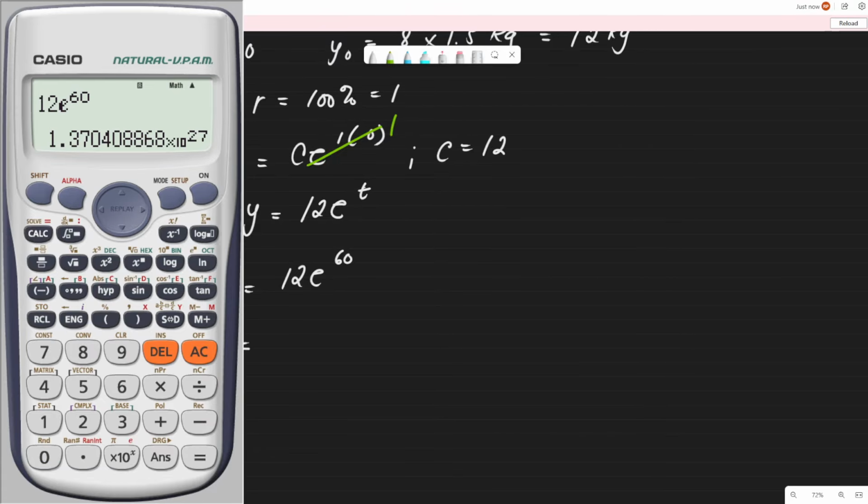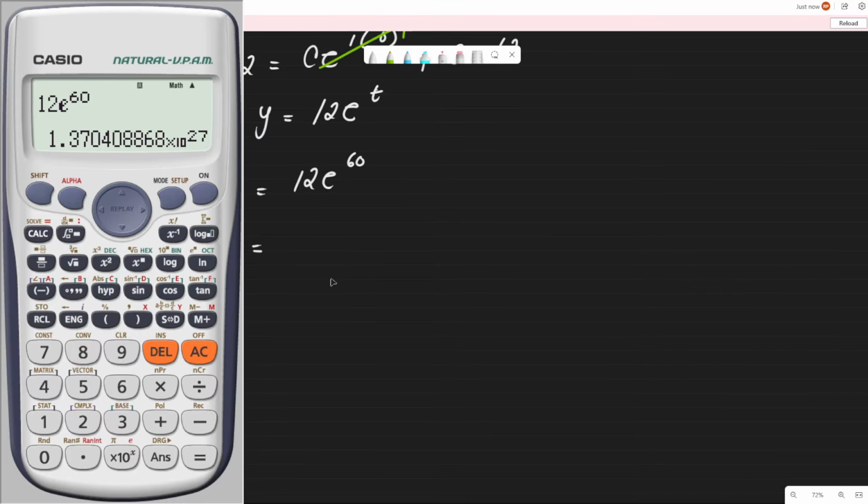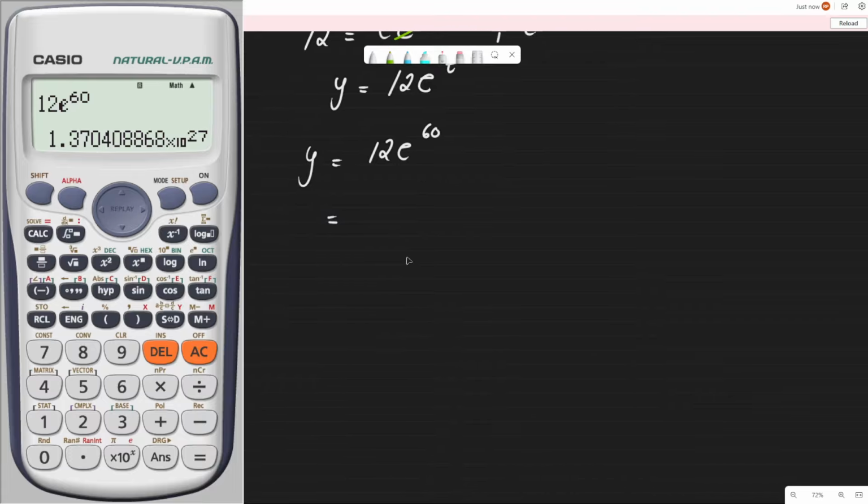So therefore, we have our final answer na y is equal to 1.37 times 10 raised to 27 kilograms. After 60 years, ganyan na yung weight ng mga pheasants na nasa Earth.